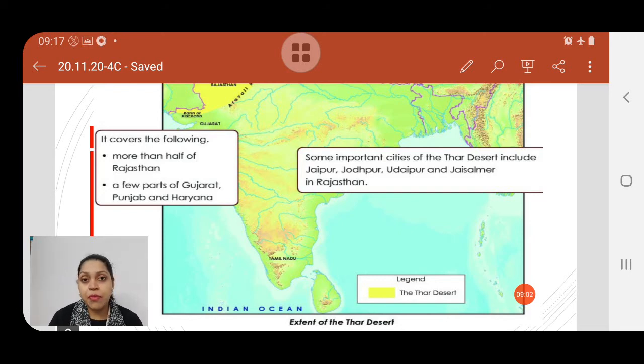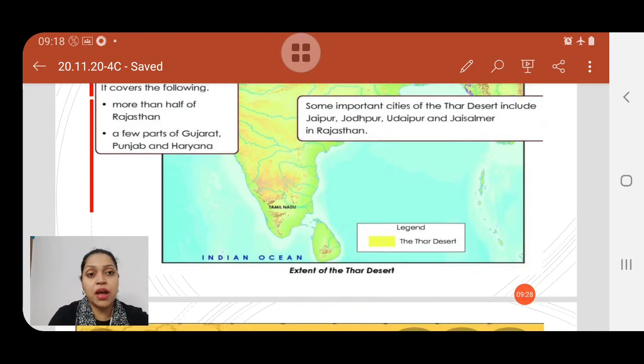In the map of India in your textbook also you can see it. The Thar desert covers more than half of the state of Rajasthan. Where is the Great Indian Desert? The Great Indian Desert is in the state of Rajasthan, and Rajasthan is the biggest state of India. So this Thar desert covers more than half of Rajasthan.